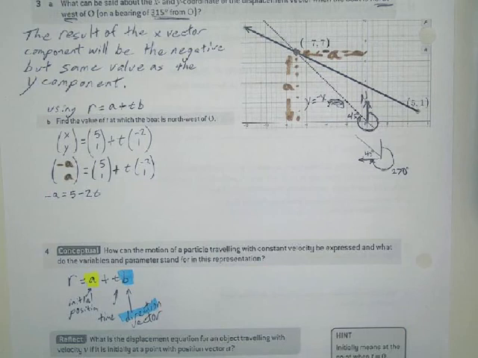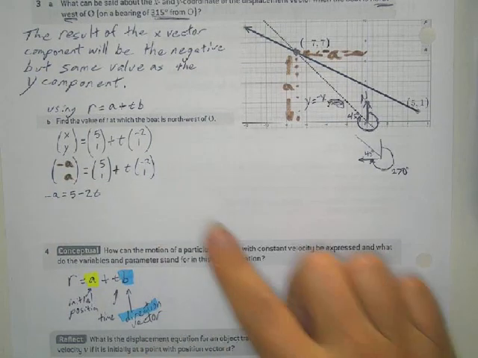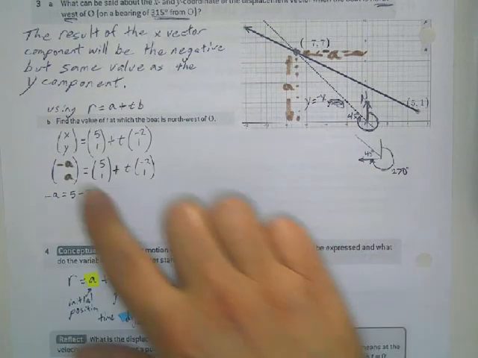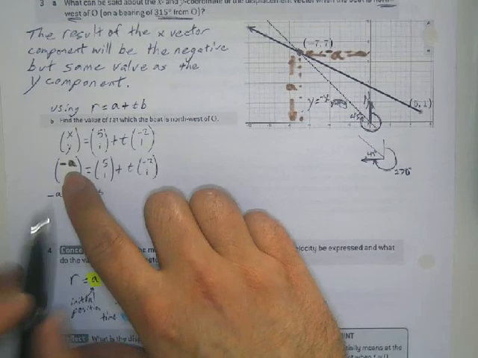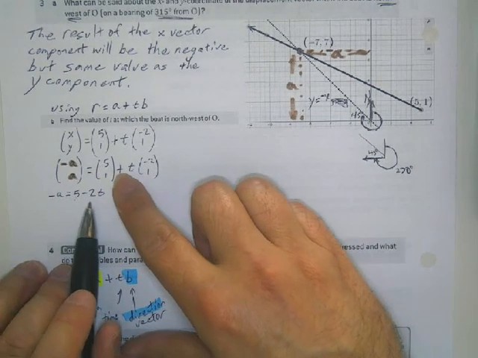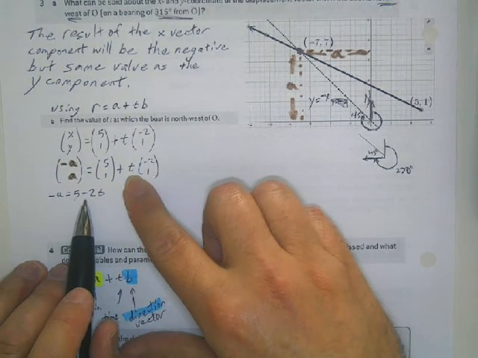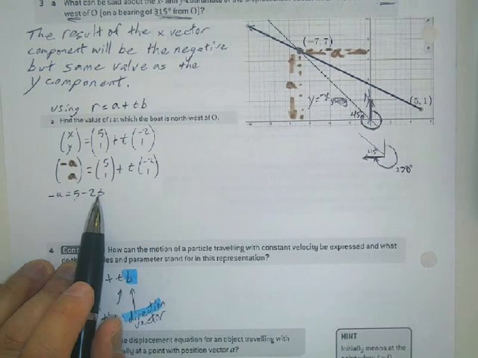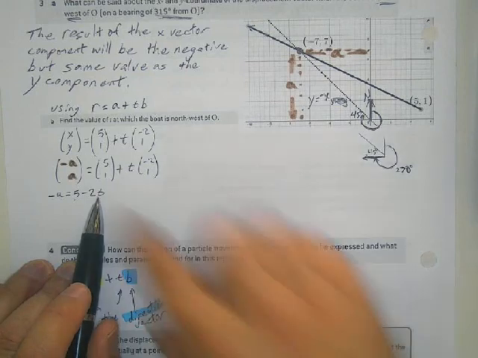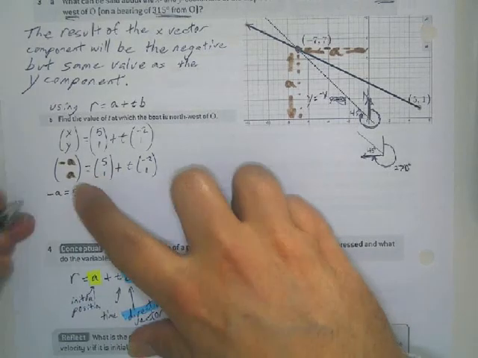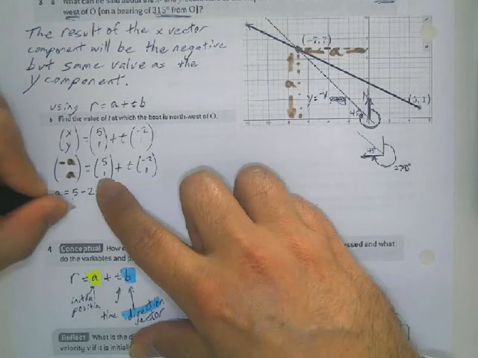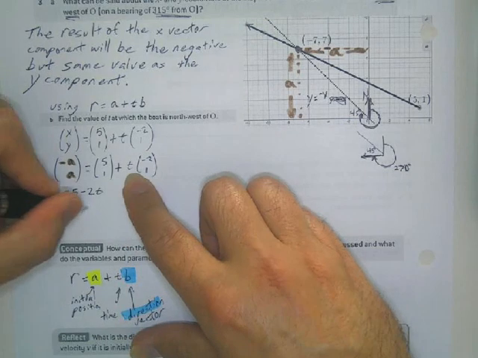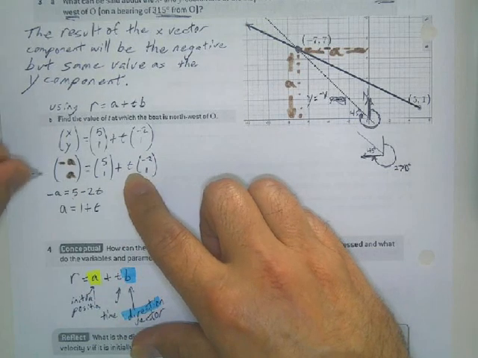So we're going to solve these two equations. So we've got two variables, two unknowns. So negative a equals 5 plus negative 2t. Okay, and we've got our y equation. So we have a equals 1 plus t if I'm using these two equations.